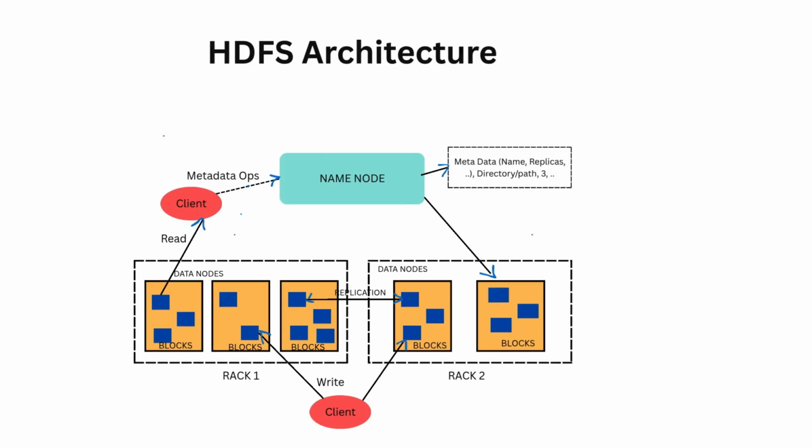By default, the HDFS data block size is 128 MB and it is changeable as per your requirement. Suppose you have a 513 MB file that has to be stored in HDFS.